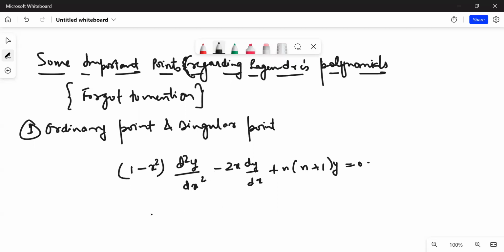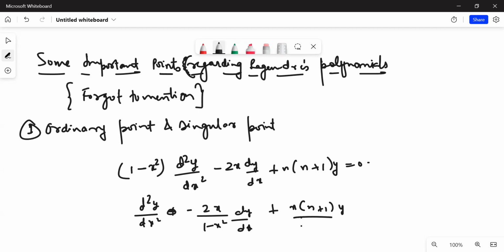If I divide this entire equation by 1 minus x square, then d2y upon dx2 minus 2x upon (1 minus x square) dy by dx plus n into (n plus 1) y divided by (1 minus x square) equals 0. Is that clear? Did this make sense? Okay, I only divided by 1 minus x square, nothing else.